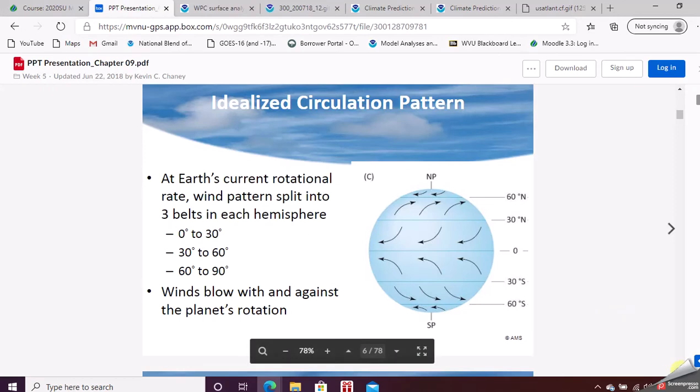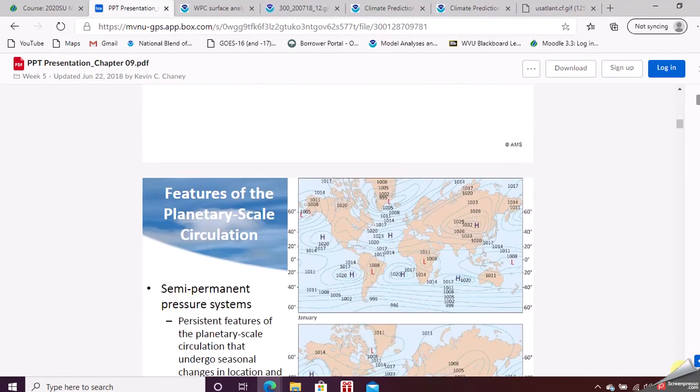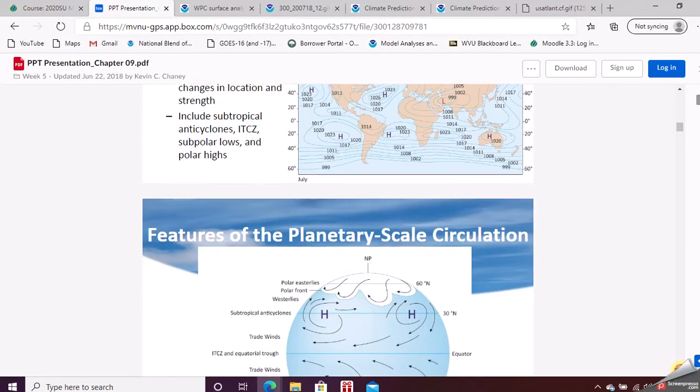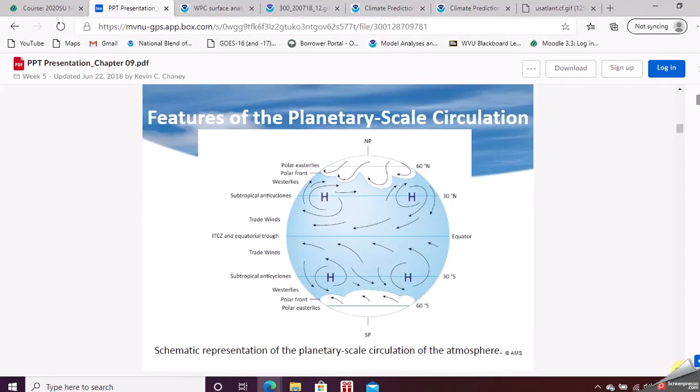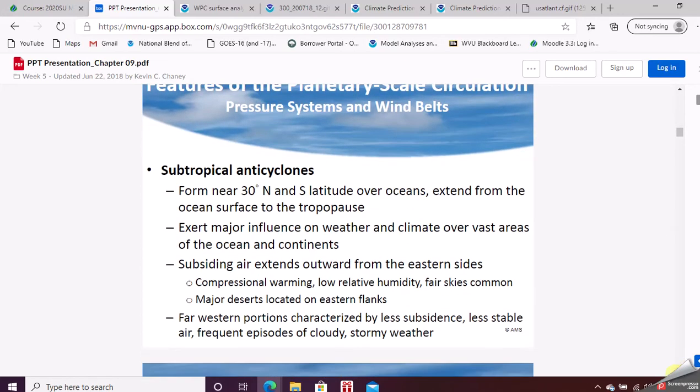So with that, let's move on a little ways here. We just saw the planetary circulation. One of the things over the equator as well, you're going to find low pressure. That's the intertropical convergence zone. You saw those winds coming together. That will fluctuate north and south depending on where the sun is.